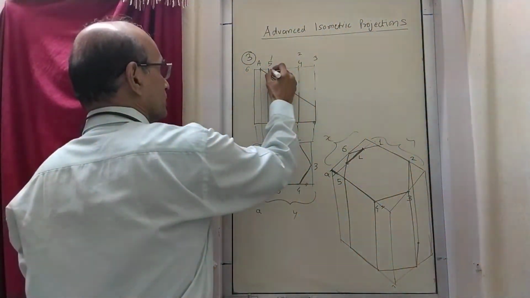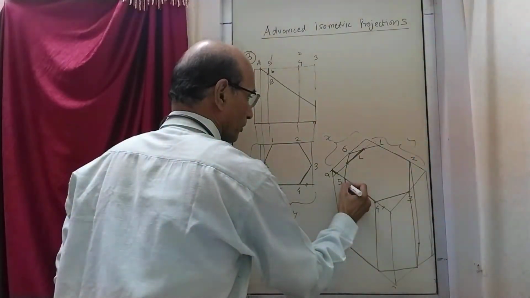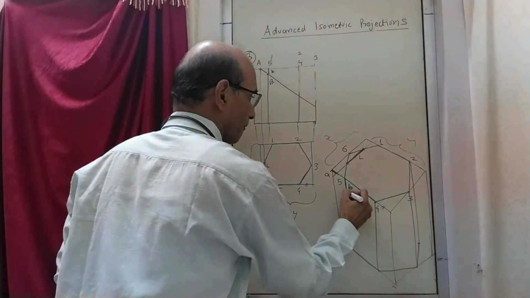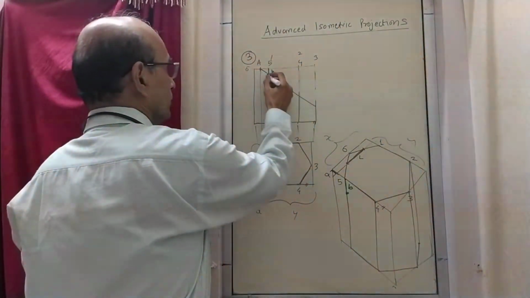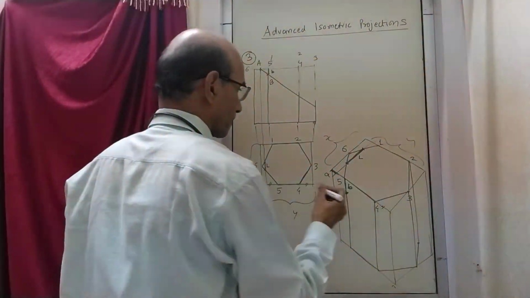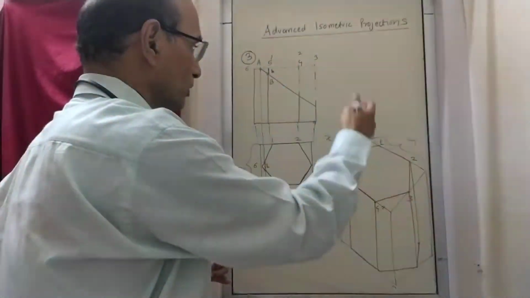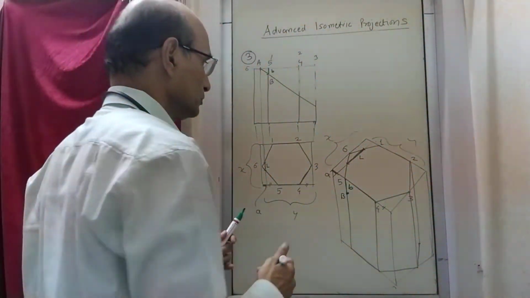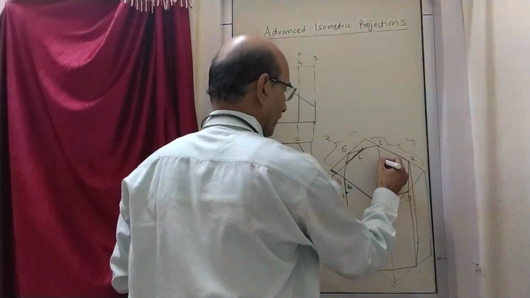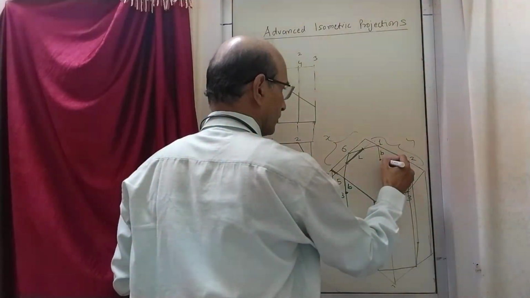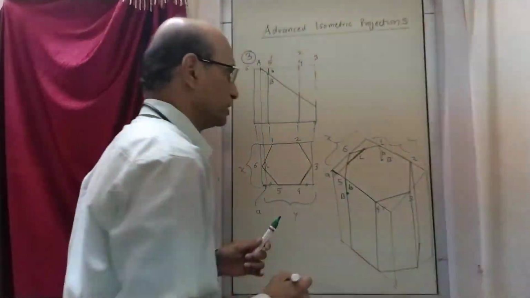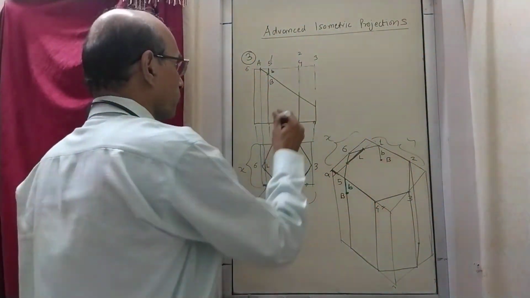So if I call this B, then you have to come down from here by B, and that is going to give you this point B. Same thing on the other side. So you can come down by the same distance to point B. Then there is point C here.